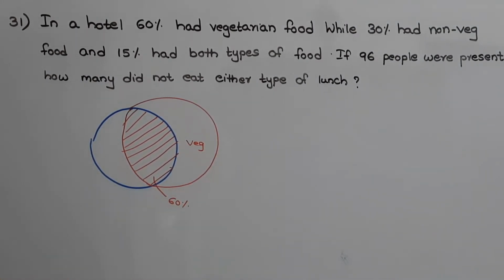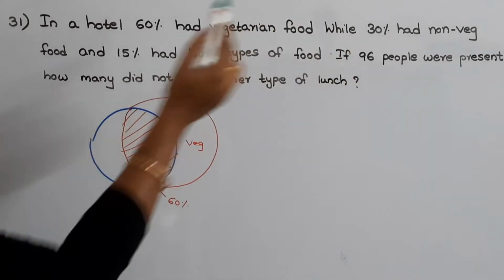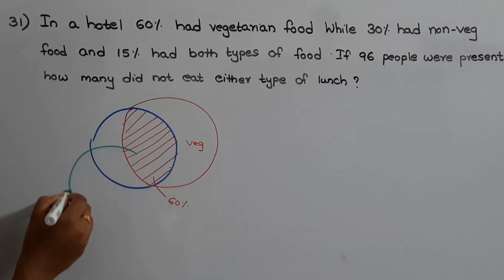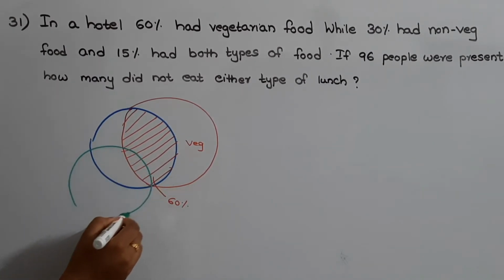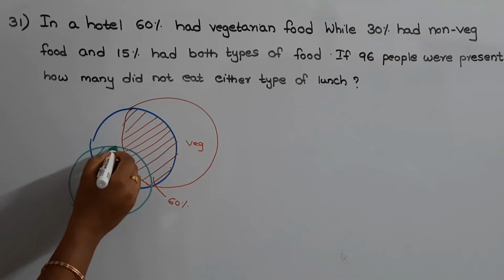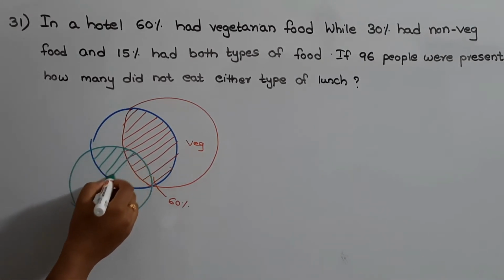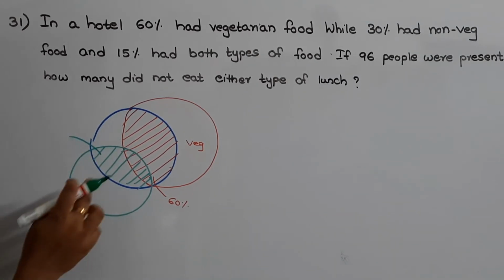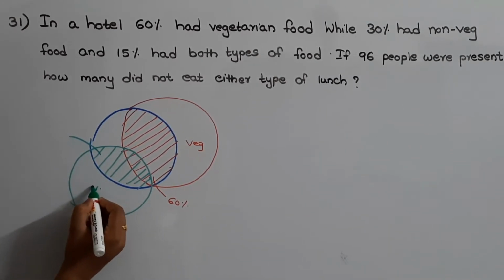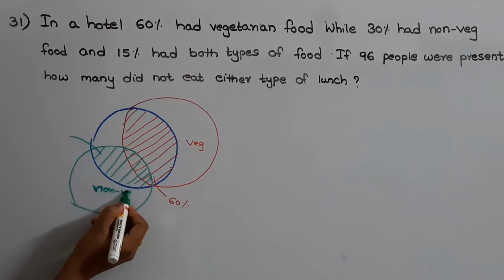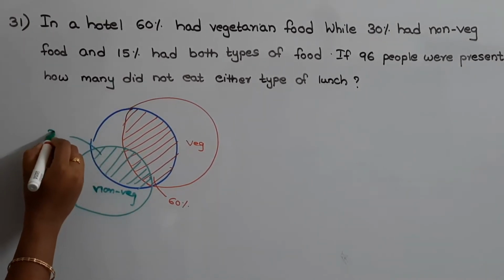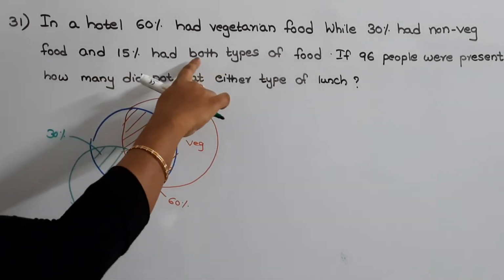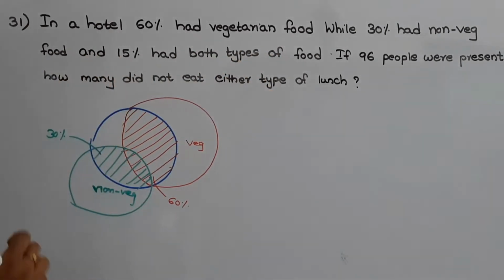Then they are telling that 30% had non-veg food. So 30% of the total members present in the hotel had non-veg food. This is the part of the members who had non-veg food. So this is 30%. They have also given the percentage of the members who had both types of food as 15%.